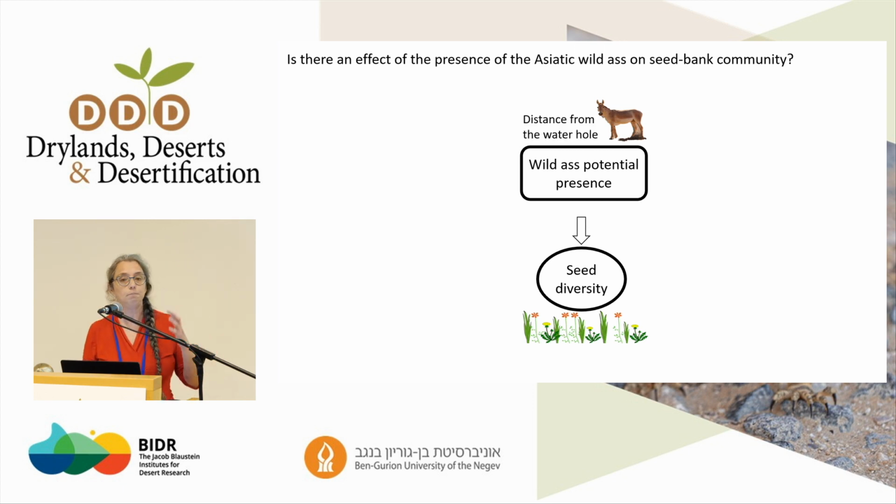Since we are talking about the long-term effect, we are going to use the distance from the water hole as a proxy for the intensity of the presence of the wild ass. And since we know it's the Negev Desert, it's certainly not the only thing that dictates what you can find germinating and growing in each of these areas.